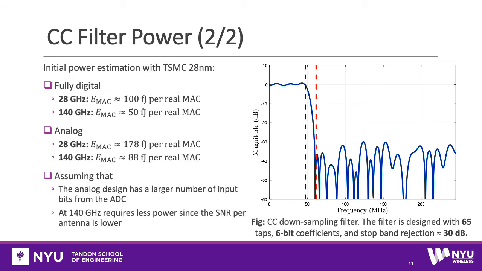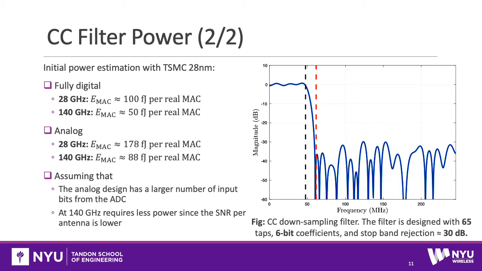The following results are generated using the Spiral code generator and the Synopsys DC compiler and indicate around 100 femtojoule per real MAC at 28 GHz and around 50 femtojoule per real MAC at 140 GHz for the fully digital architecture.